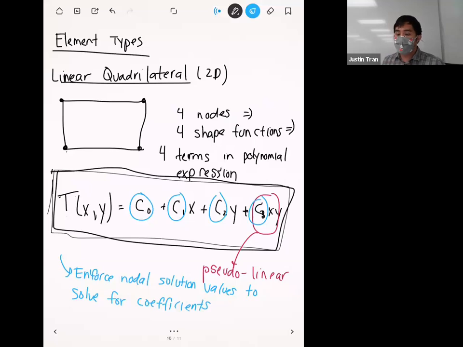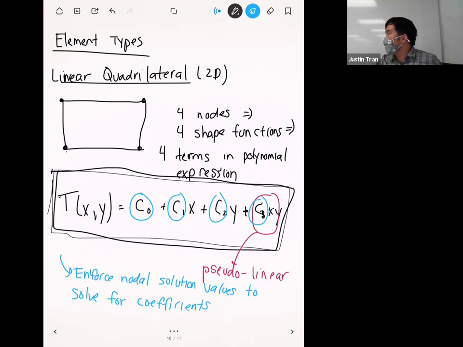Oh, question? Can you explain the pseudo-linear again? Sure. All pseudo-linear means is that we consider it as a linear term, even though technically it's not. Because we have the product of x and y, technically that's a quadratic term because we have a product of two independent variables. But for x by itself, and y by itself, they're both linear. And so we consider this as a pseudo-linear term.